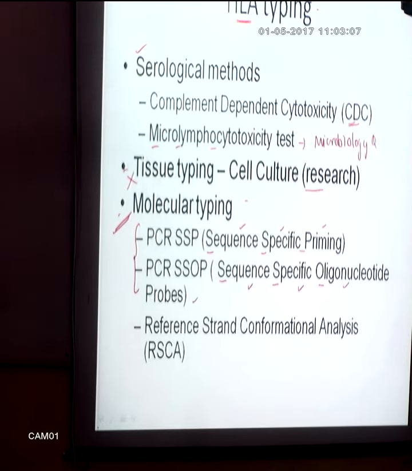Okay. Three types of HLA matching: serological method, tissue typing and molecular. Tissue typing is not used for diagnosis. The most commonly preferred diagnostic method is molecular. Of that, PCR SSP and sequence specific oligonucleotide probes are much more preferred.